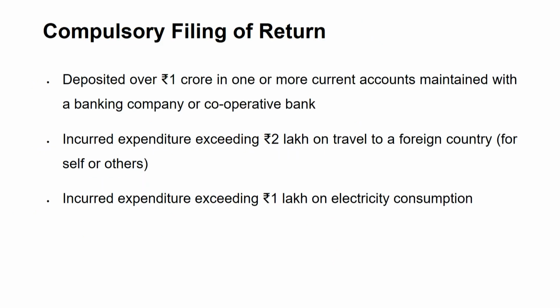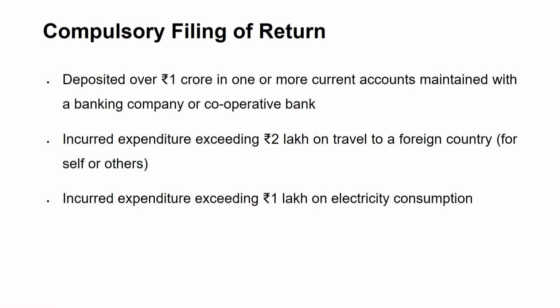Now, for whom there is a provision of compulsory filing of return, let us understand that. We had discussed in the first or second slide that for companies, the business form of organization, the filing of return is compulsory for the purpose of claiming the carry forward of their losses, whereas individuals having more income than the minimum exempted limit under the slab rate tax system need to file the return.